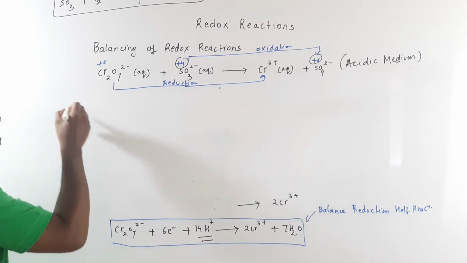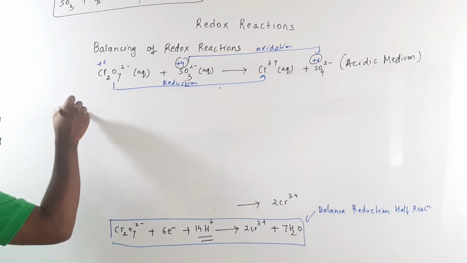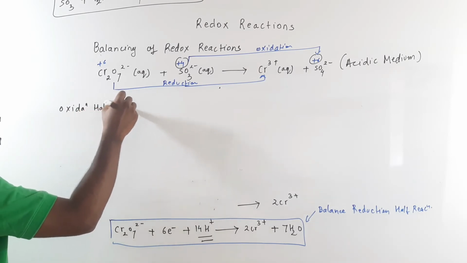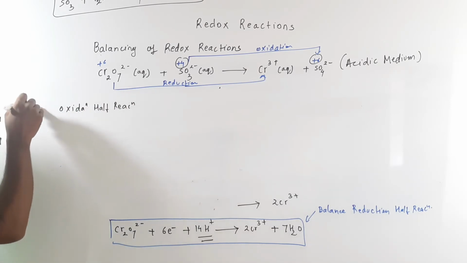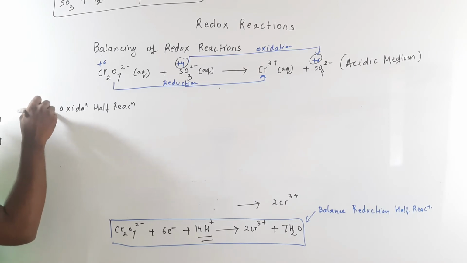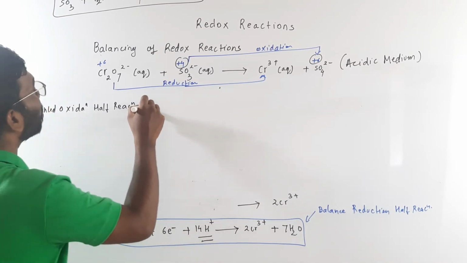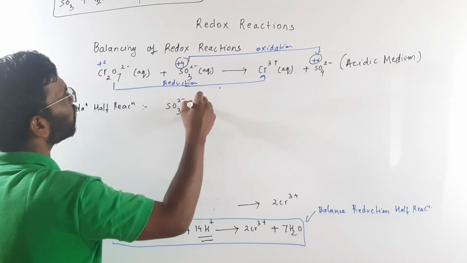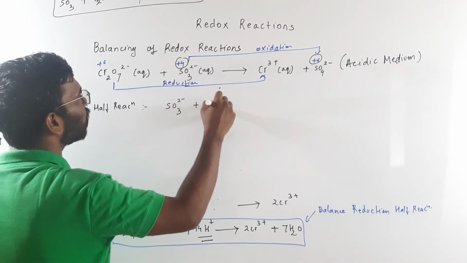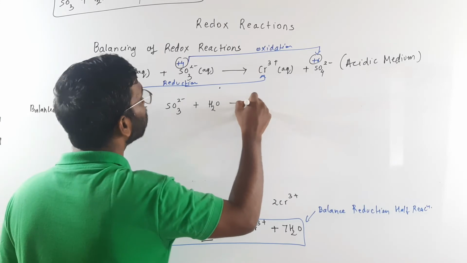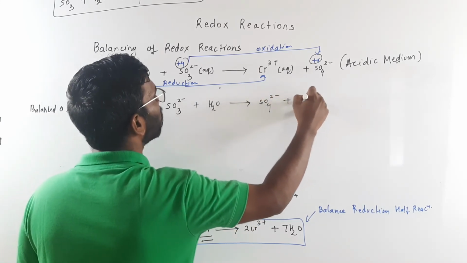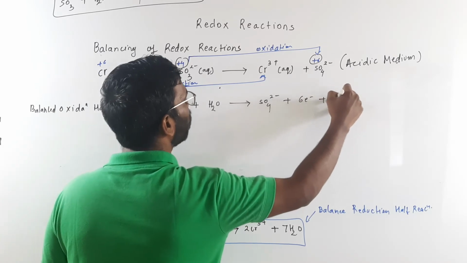Oxidation half reaction, we were getting it to be balanced, okay, this is important, balanced: SO3 2 minus plus H2O gives SO4 2 minus, 6 electron and 2H plus.